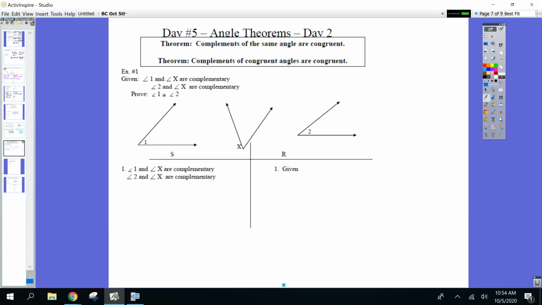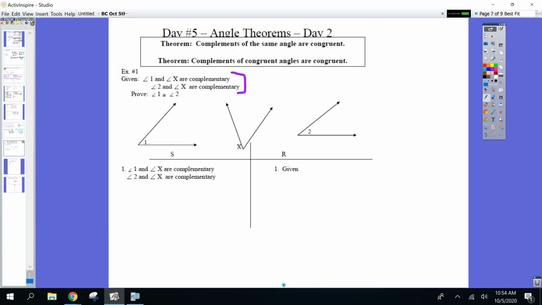So why are 1 and 2 congruent? Well, the first thing that probably goes through your brain, and please don't copy this down, is that 1 and 2 are complementary, because you do some type of substitution? Maybe? All right. Hey!